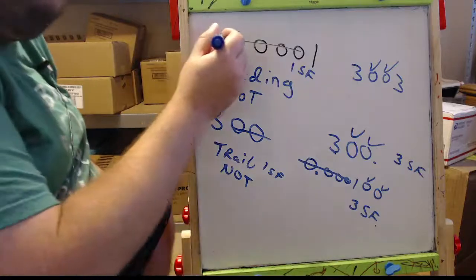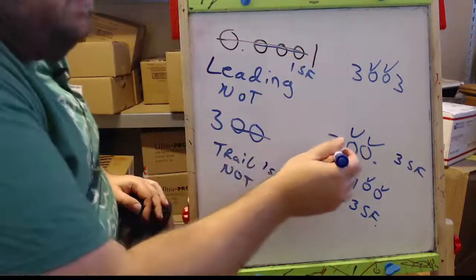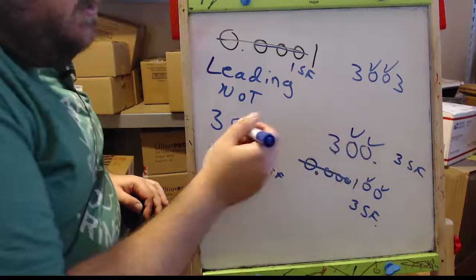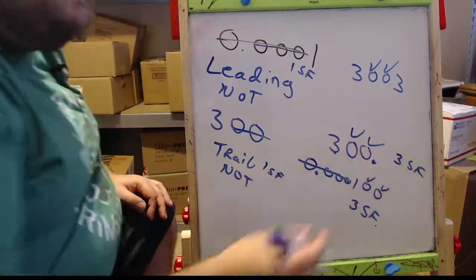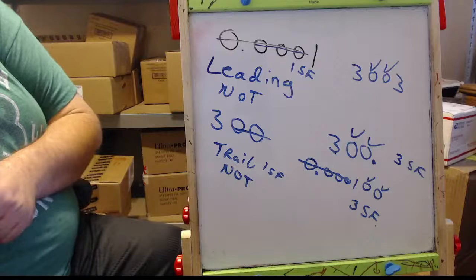So if they're placeholders to get to a whole number or keep a whole number somewhere, then they're not significant. If there is a decimal, then at the end they are.